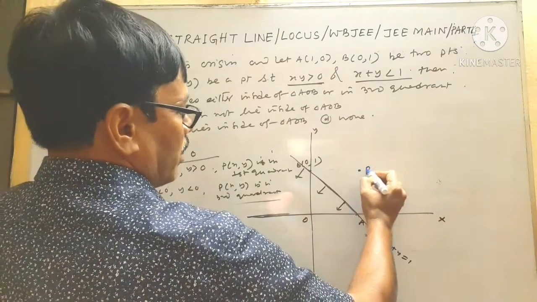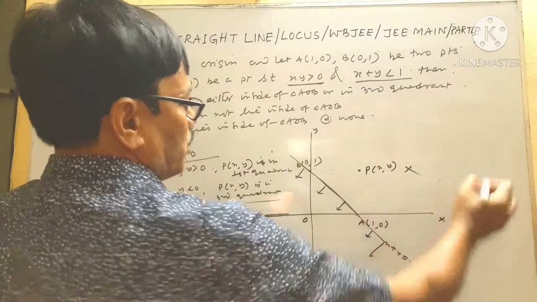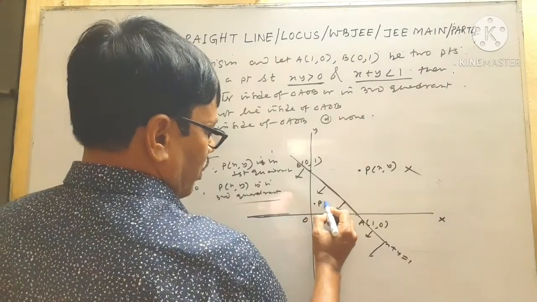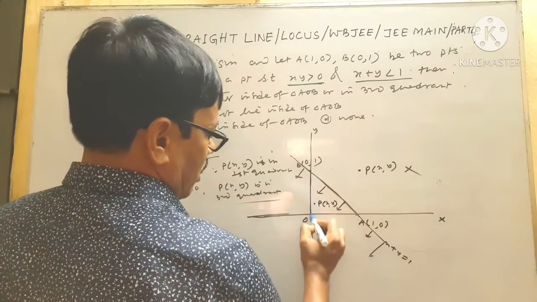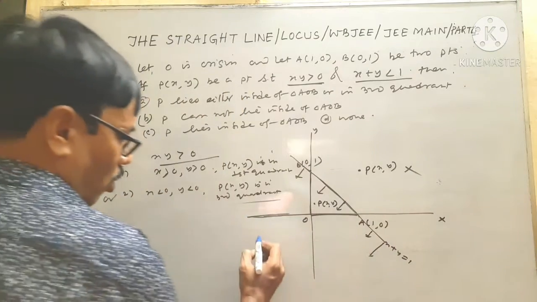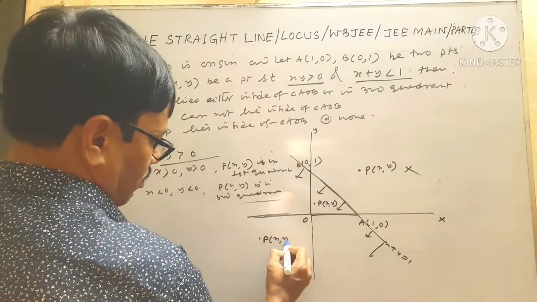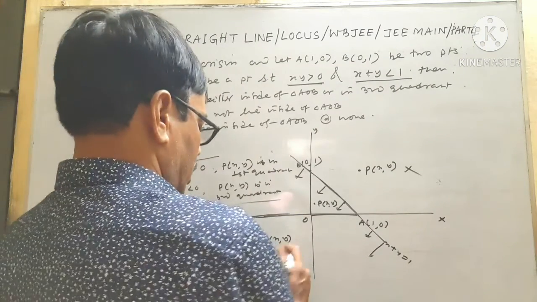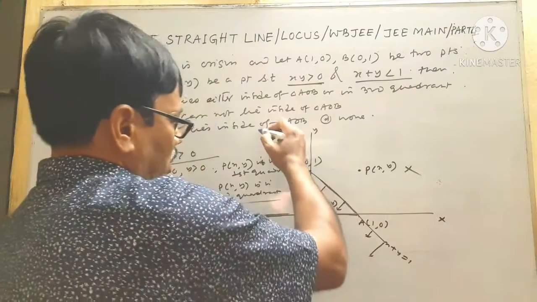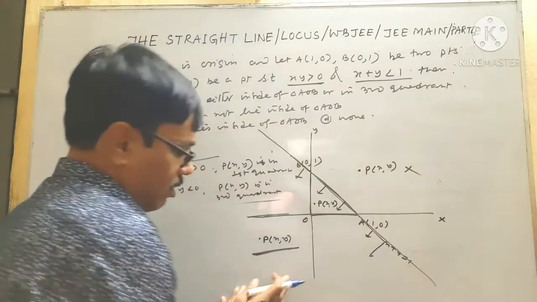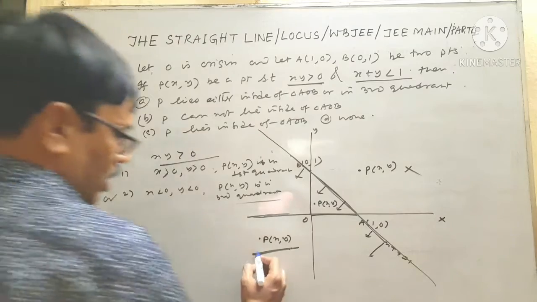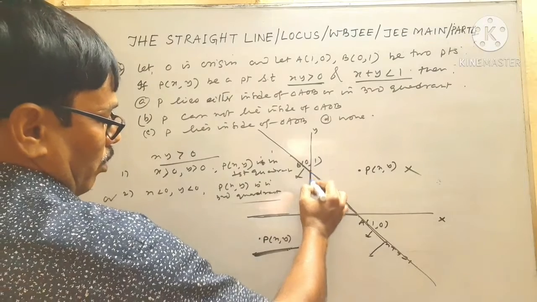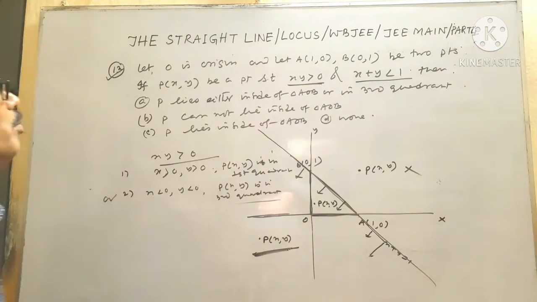So in the first quadrant, the position outside the line is not possible. Inside the triangle is possible, or the third quadrant is possible. These are the two possibilities. P(x, y) may lie in the third quadrant, left of this. And if it is in the first quadrant, then it is inside the triangle AOB.